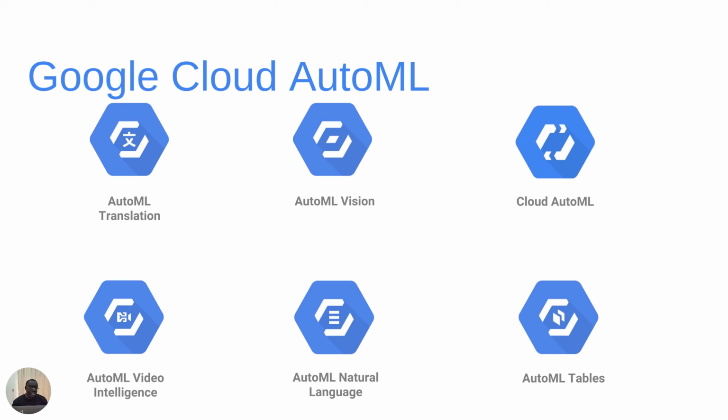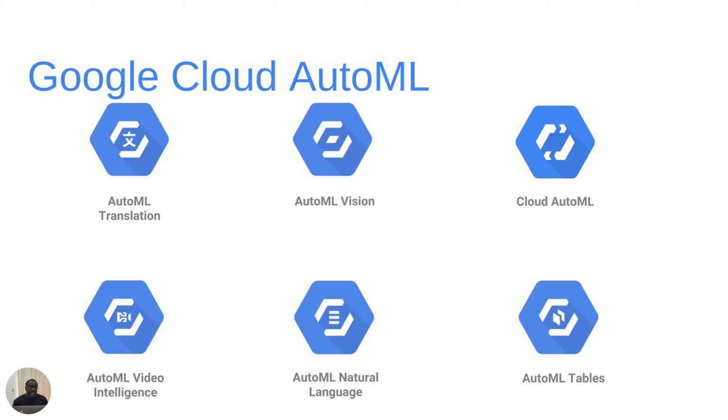So the APIs that we've looked at so far are trained on general purpose data, very large corpus. But what you want to do is leverage something like transfer learning to take one of those models and to make it work with your very specific use case. And that is a product called AutoML.